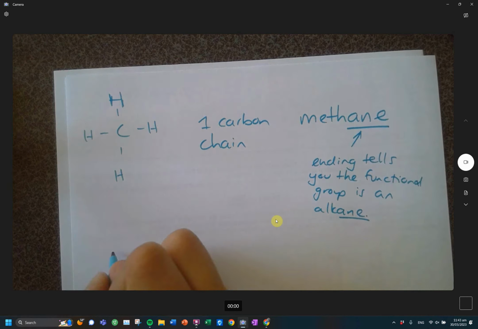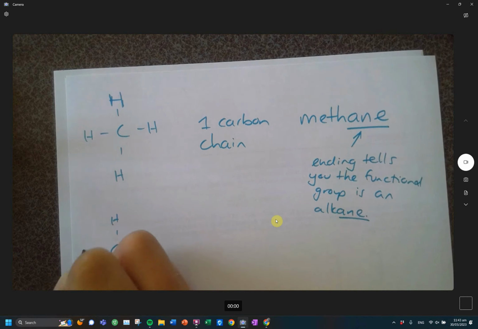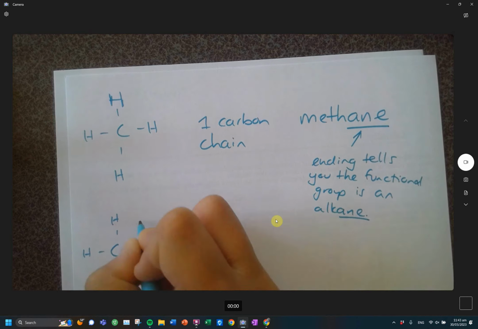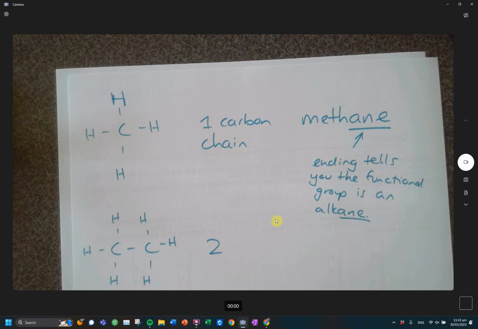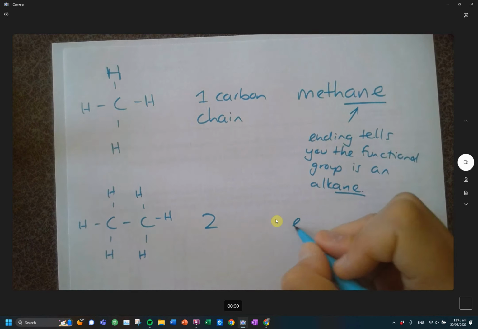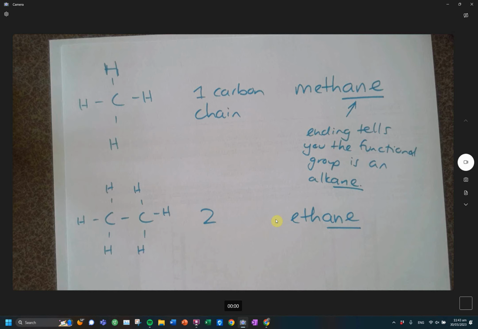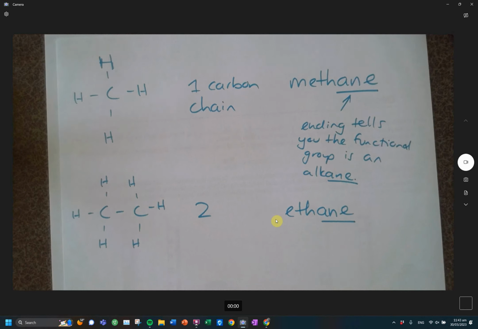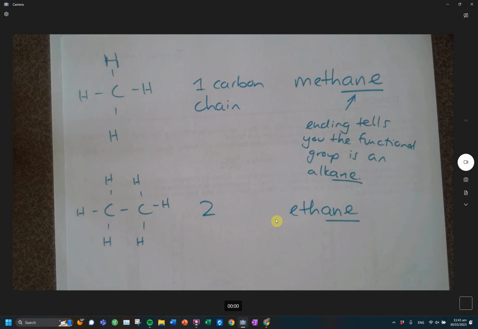Cool. If I have a two carbon chain, let's say I have two of them added together, like that. So two chain, that is ethane. I'm just underlining the ane so we can see that that's the pattern.